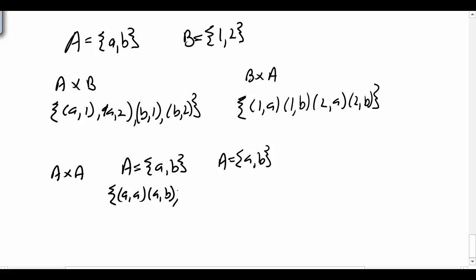Now, when I go to the other side, I've got b partnered with a, and I've got b partnered with b. Okay, so we can cross it with itself, and we end up with those ordered pairs.